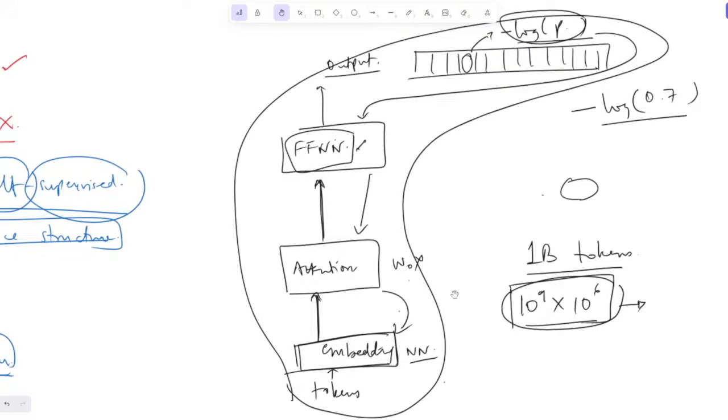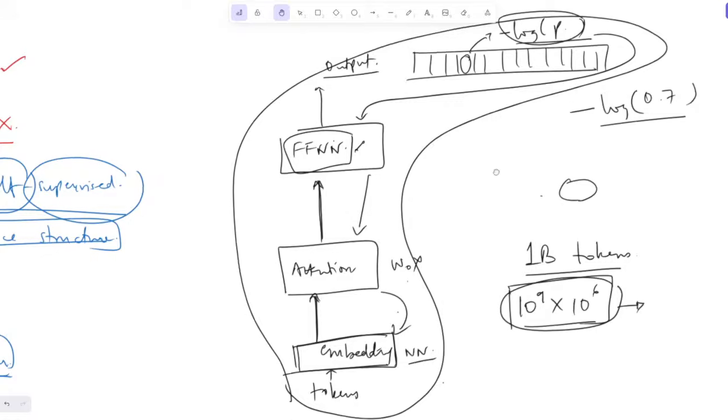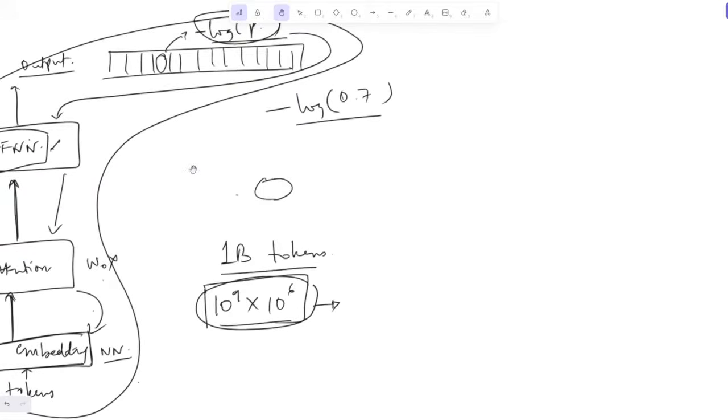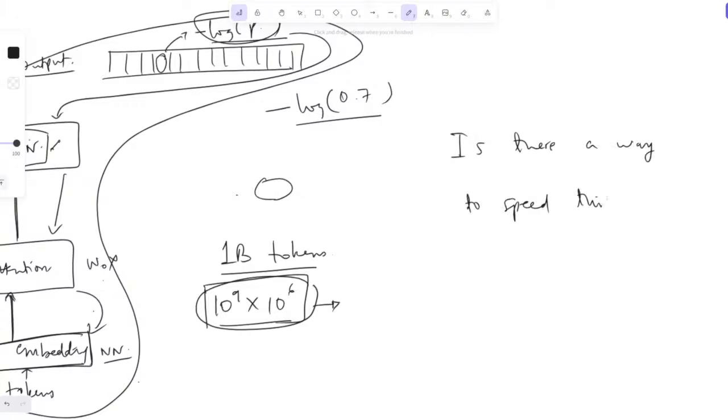Okay, let's go for the sentence: is there a way to speed this up?